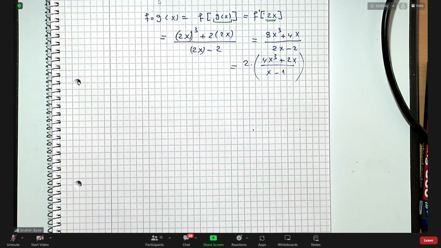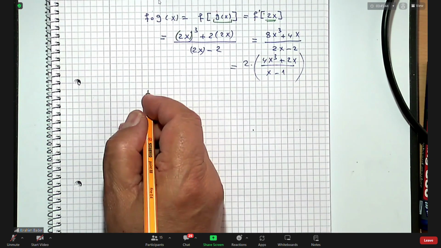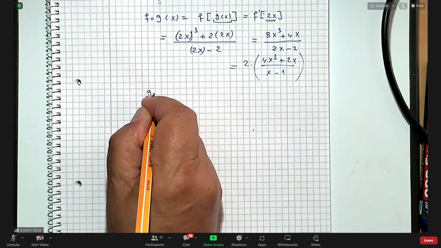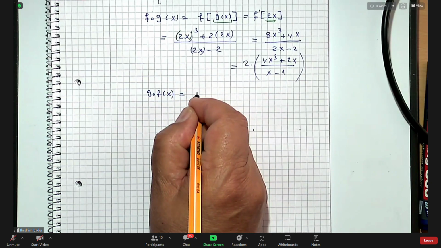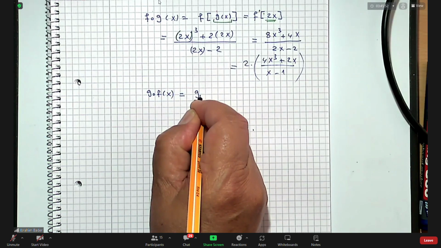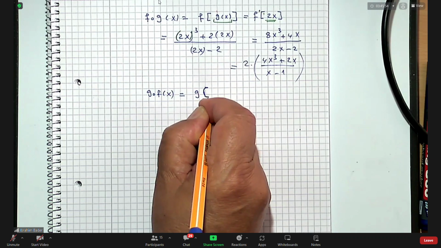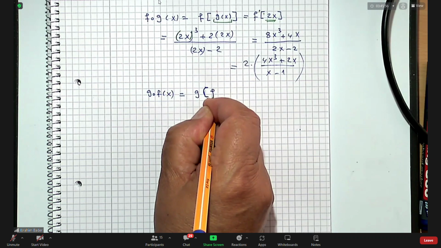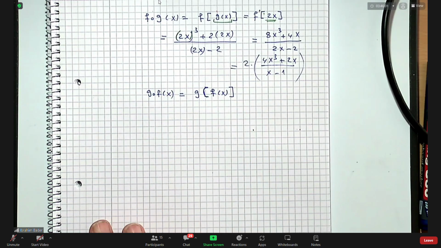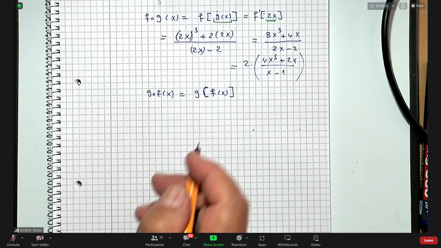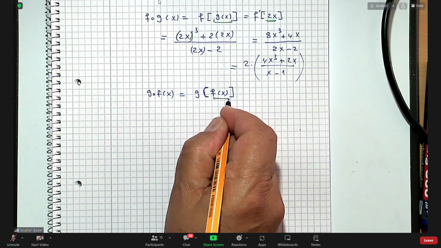Now the second one is g composite f, and this is equal to g of f of x. Let me just use the square brackets here. That means in this case, I will be plugging in the formula of f of x in g.